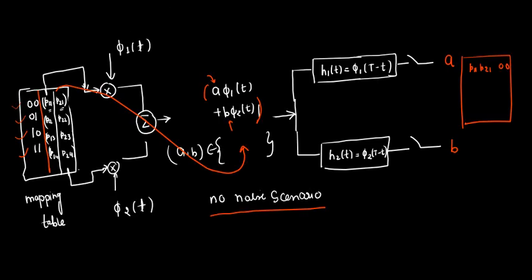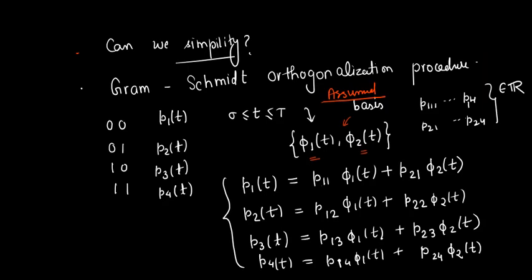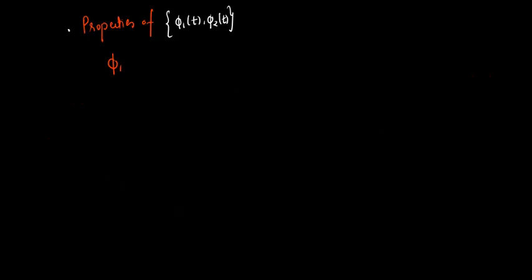So, first let us see the property of a set of basis functions. In our case we have assumed that there exist phi 1 t, phi 2 t, which can represent all these 4 waveforms. So, what is the property which must be satisfied?